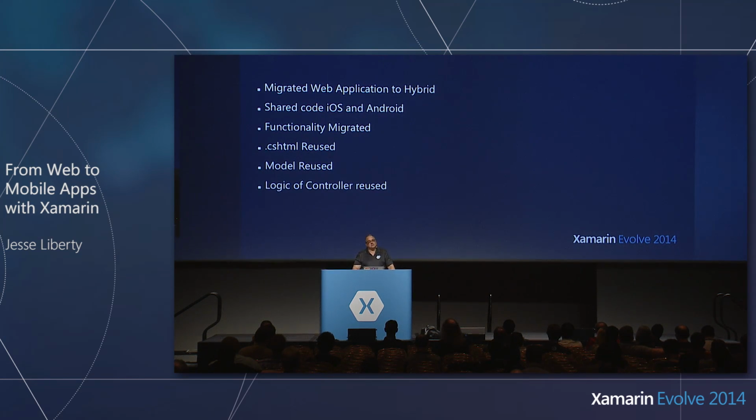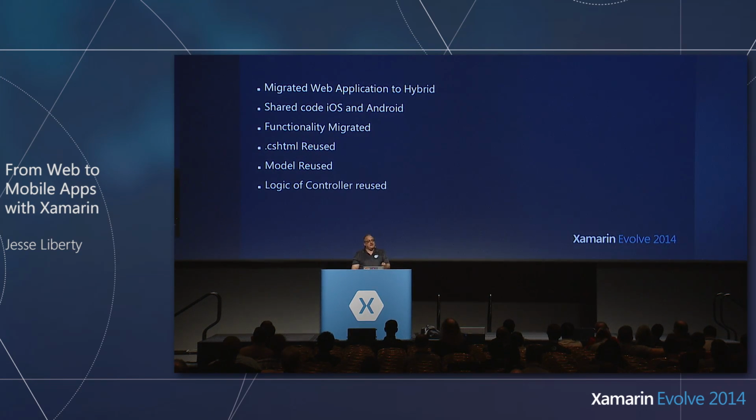We have shared code across our mobile platforms, migrated the functionality of our web application, reused the CS_HTML exactly with one additional line, reused our model exactly, and reused the logic of our controller.